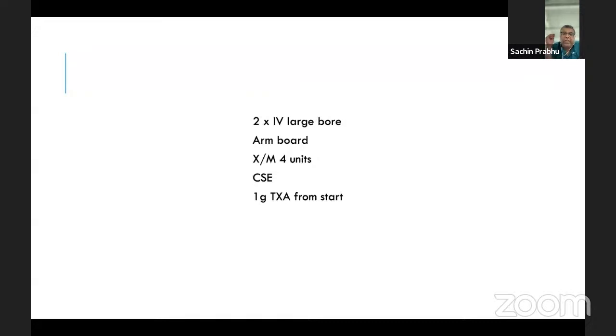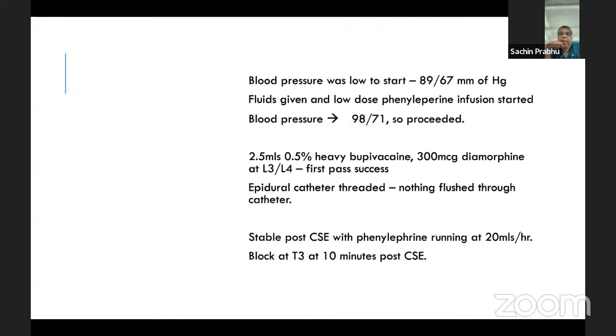Again, standard practice: two large IV bore cannulas, blood cross match, and a combined spinal epidural was done, with no issues. Pretty straightforward. Tranexamic acid was given as requested by the team. Her blood pressure was slightly low at the start, so as standard practice in the United Kingdom, we started a phenylephrine infusion to maintain placental perfusion, as all of you would know.